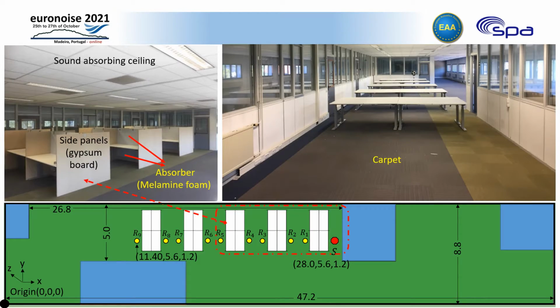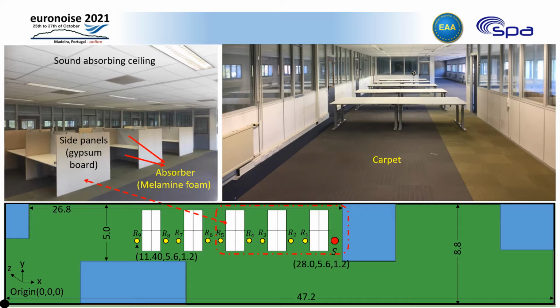As you can see from the bottom figure, the simulated open-plan office has a long and narrow floor plan. The room has a sound-absorbing ceiling with 20 mm rock-wool panels with a 500 mm cavity. The floor is covered by carpet. It has 5 workstation islands with gypsum dividers and side panels, which are installed for the sake of privacy.